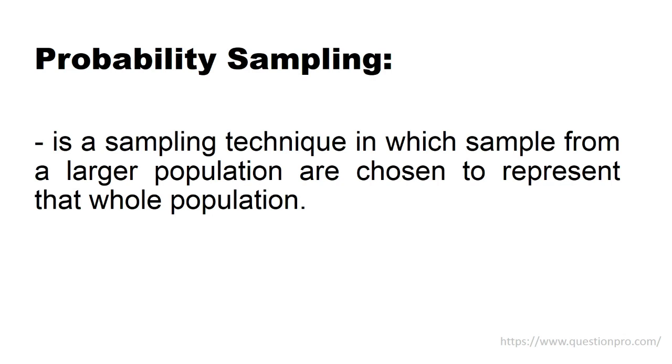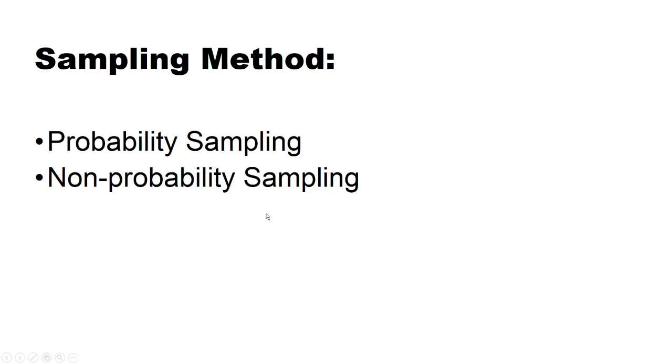Sila yung magre-represent. Yun yung probability sampling. Ibig sabihin, sila yung magbibigay ng pag-represent sa buong 100%. Okay, that is probability sampling. Ganun lang sa simple, although the different sampling methods under probability sampling, marami pa. Okay, so later on we will discuss those things.